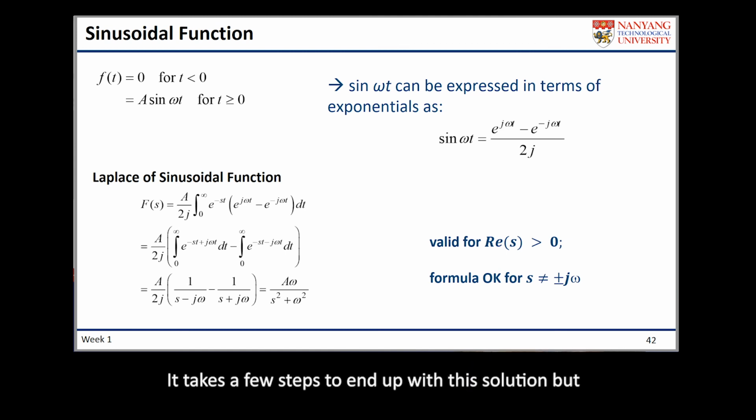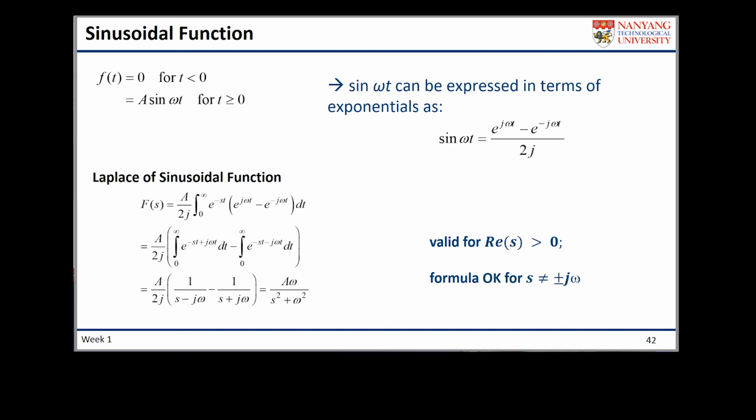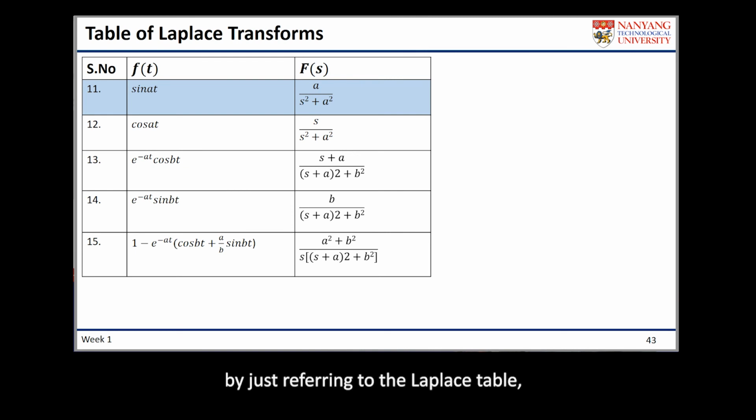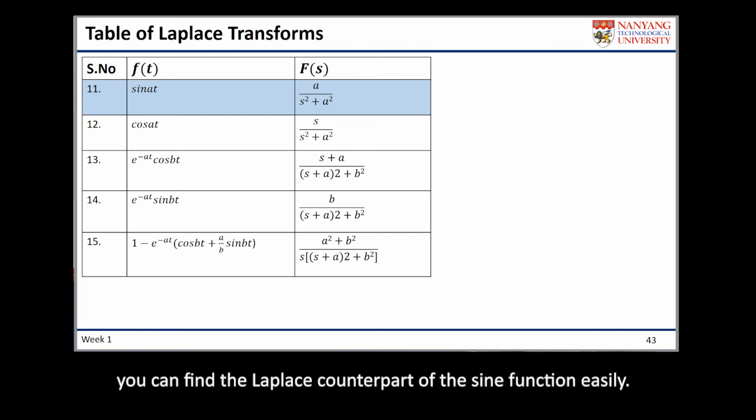It takes a few steps to end up with this solution, but by just referring to the Laplace table, you can take a look here at the 11th row. You can find the Laplace counterpart of the sine function easily. In this case, I have sine omega t. Omega is the frequency. In the previous example, the frequency is expressed by omega.